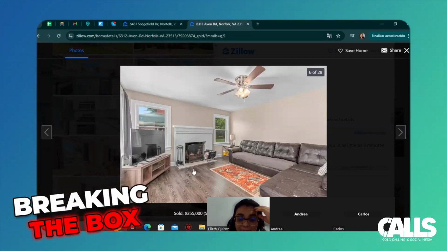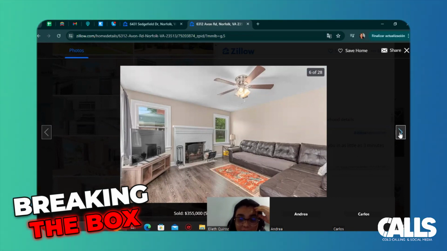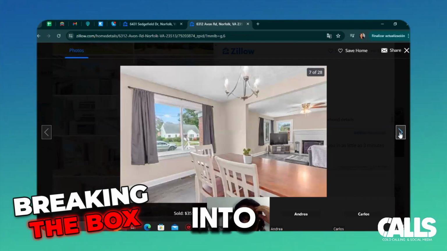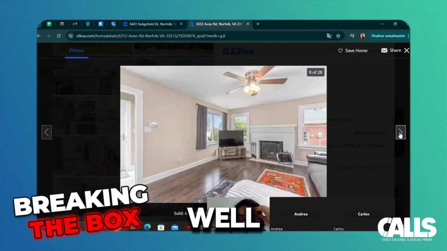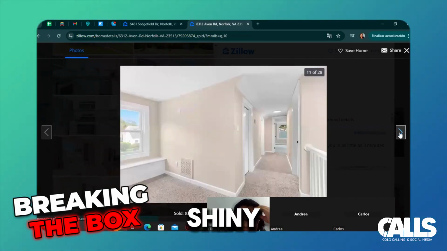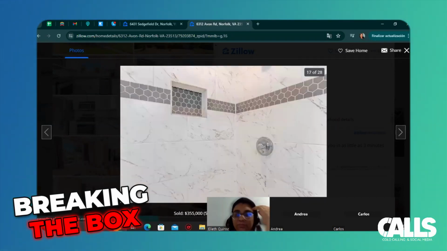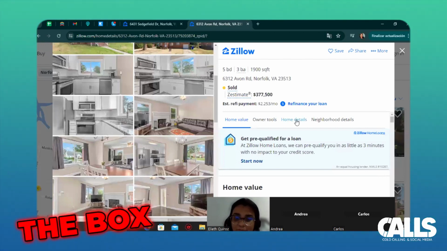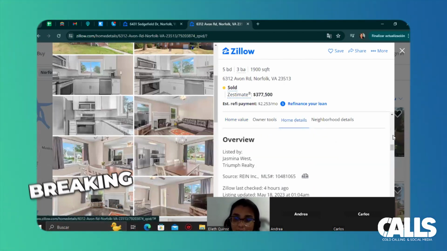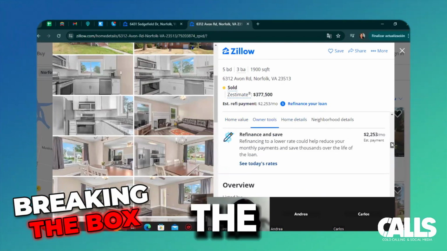But what I'm seeing is this is in good condition, like someone put some love into this property. It was well staged. It's clean. It's shiny. Yeah, this was redone. It was sold in the market.